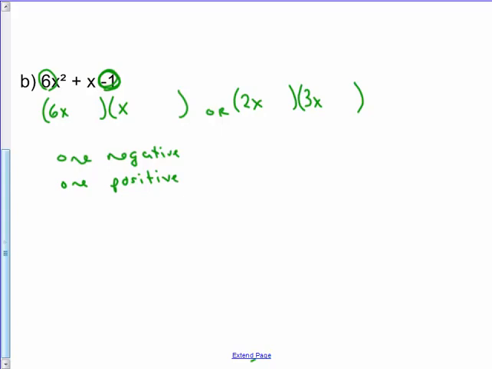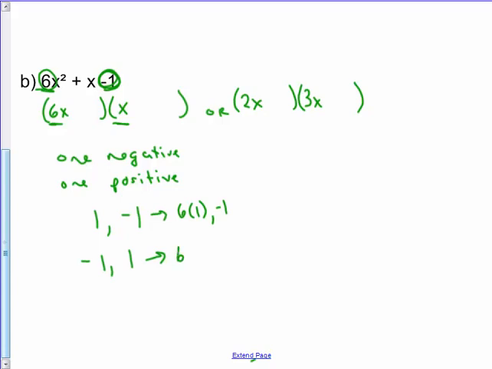So I would try the 2x and the 3x first, simply because that's going to leave me with numbers that are closer together. 1 positive, 1 negative, that's close together. Probably get me to a positive x, my middle term, sooner here. But I can still try the 6x and 1x.